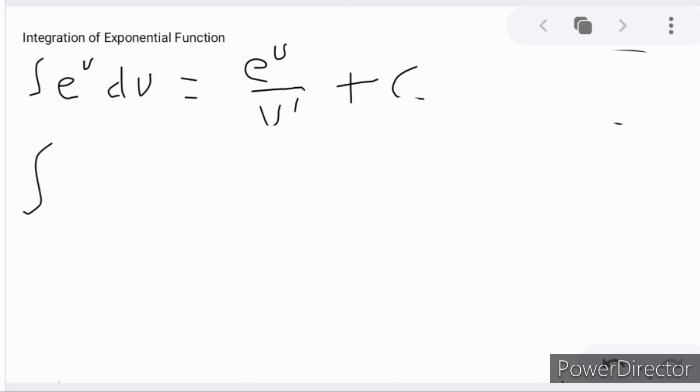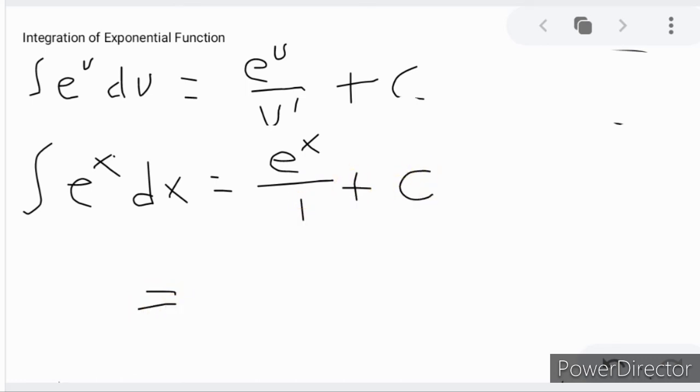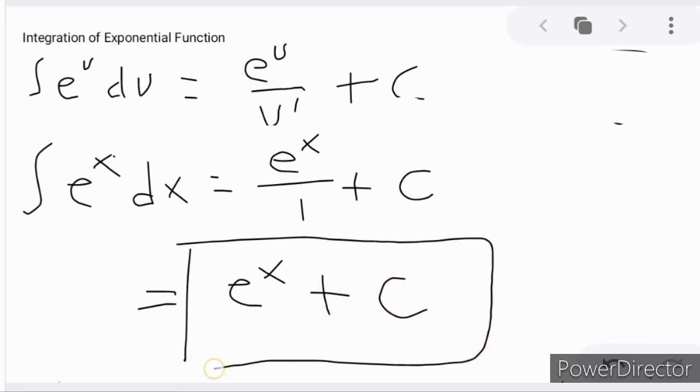We have the integration of e raised to x dx. So, our u here is x. So, what we do is just simply e raised to x, then the derivative of x is 1 plus c. So, simplify it. We have e raised to x plus c. And that is our final answer.